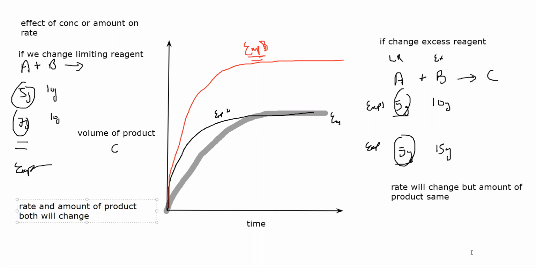So for example, if I say hydrochloric acid and magnesium react with excess, meaning excess reagent, hydrochloric acid, what will happen? It gives hydrogen.